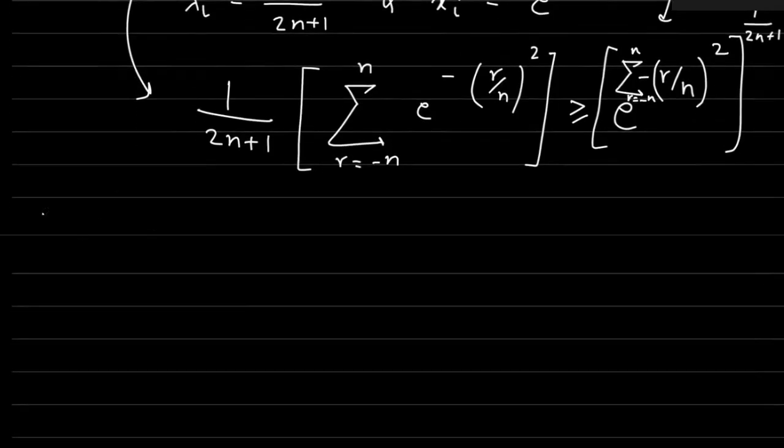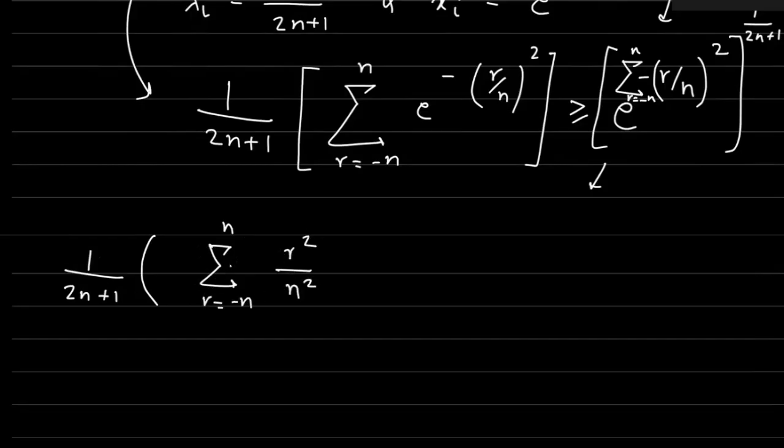Now I should use my space better. Now we'll only look at this part and actually only at the power of it. Because exponential is raised to a power, now that power will be multiplied to the whole thing, right? r equals minus n to n, r square by n square, and the minus sign I'm also taking common outside.